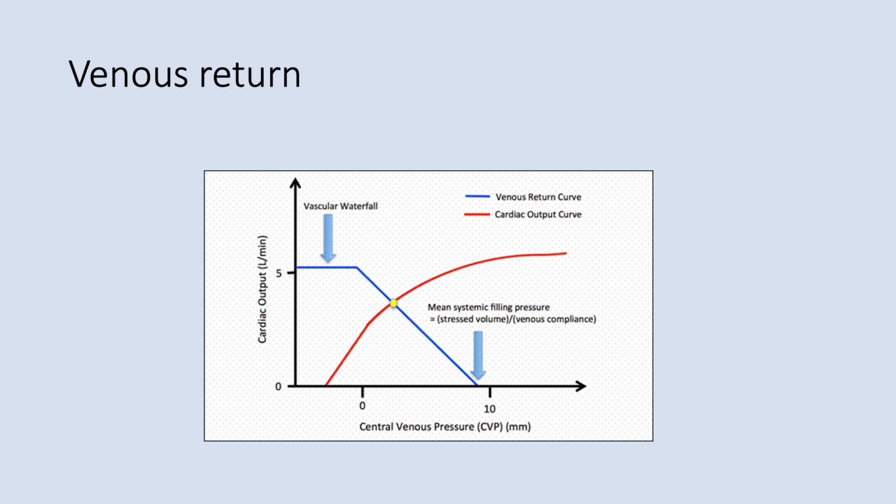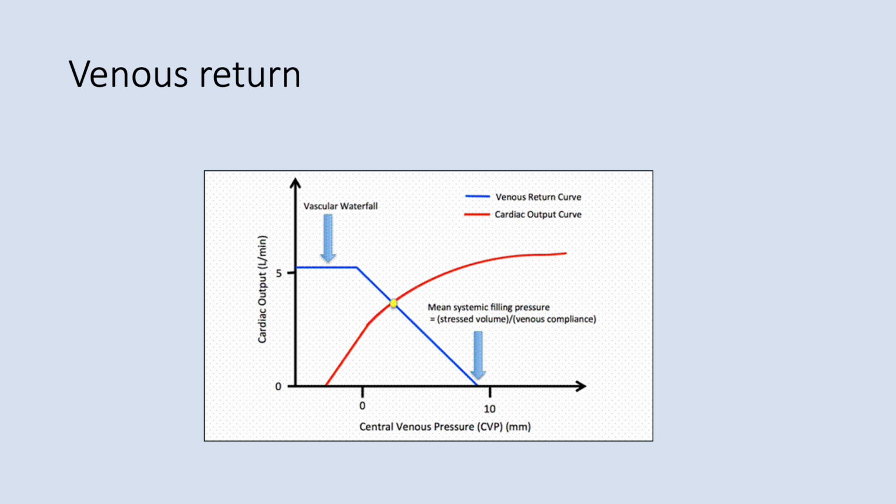In this graph, I'm trying to show you the effect of venous return on the cardiac output. Here we have the cardiac output, and on the x-axis we have the central venous pressure. You can see that if there is an increase in the central venous pressure, which is somewhat correlated to the right atrial pressure, there will be an increase of the cardiac output up to some extent.